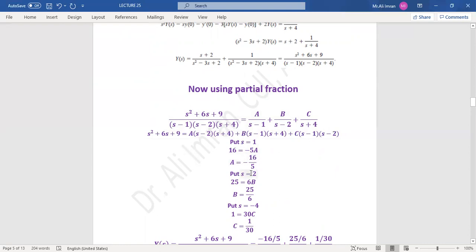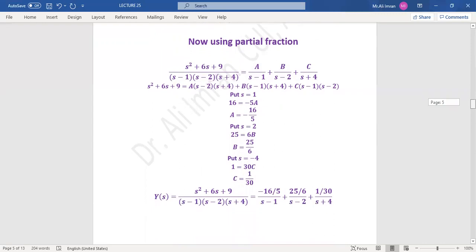If we put s is equal to 2, we will get the value of B is equal to 25 divided by 6. If we put s is equal to minus 4, we will have C is equal to 1 by 30. If we put the values of A, B and C in this equation, we will have Y of s is equal to minus 16 divided by 5 into 1 divided by s minus 1 plus 25 divided by 6 into 1 divided by s minus 2 plus 1 divided by 30 into 1 divided by s plus 4.